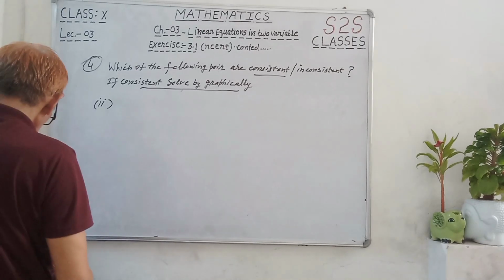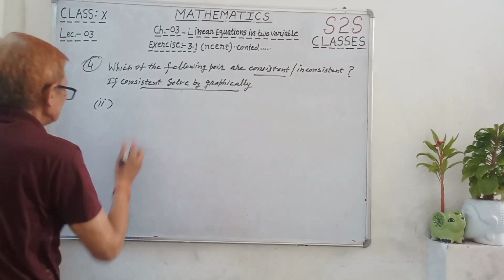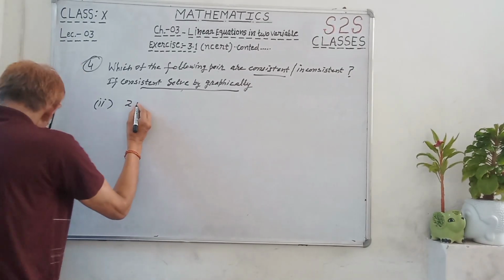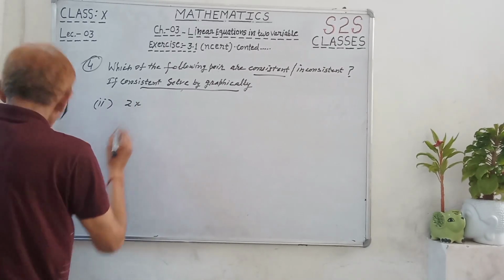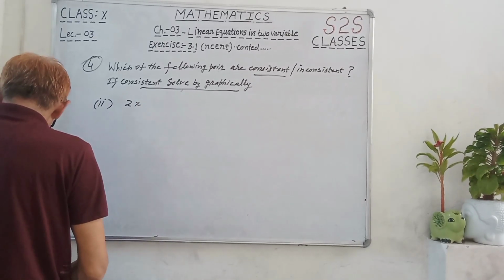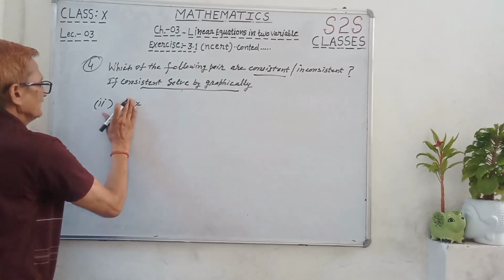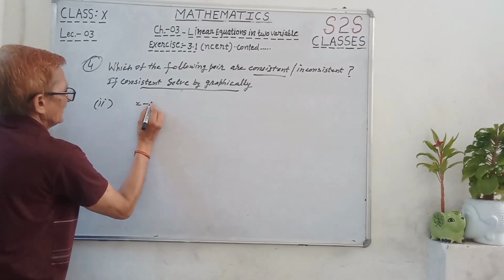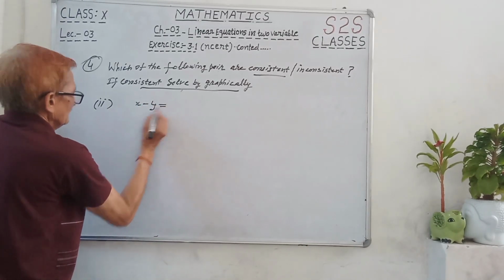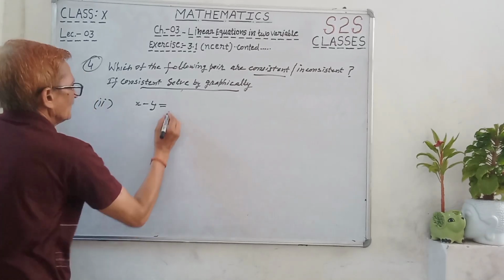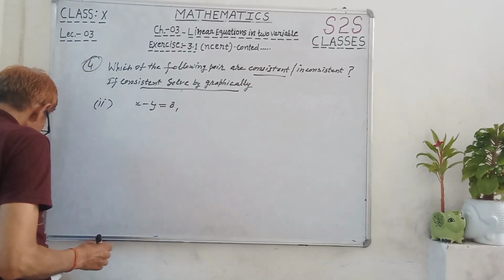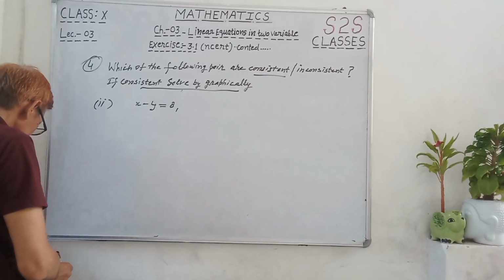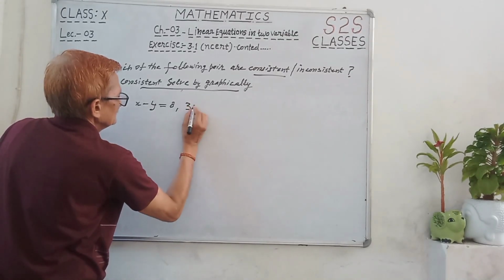What is that? x minus y is equal to 8, and second equation, 3x minus 3y is equal to 16.